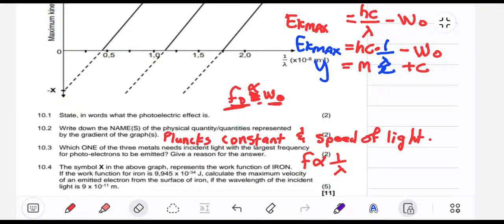Now number 4: the symbol X in the graph above represents the work function of iron. If the work function for iron is 9.945 times 10 to the negative 34 joules, calculate the maximum velocity of an emitted electron from the surface of iron if the wavelength of incident light is 9 times 10 to the negative 11 meters.